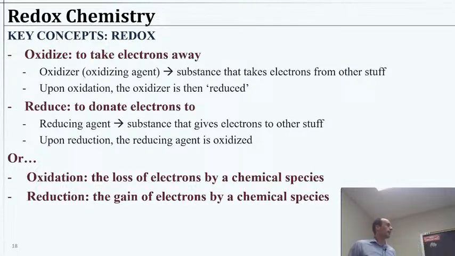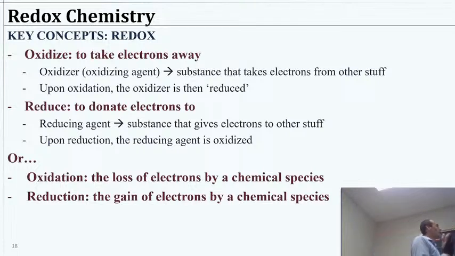So an oxidizer is a substance that takes electrons from other stuff, and it then becomes reduced once it has oxidized something else, right? To reduce something is to give it electrons. So if oxygen takes electrons, it just became reduced because now it has the electrons. That can get a little squirrely. I'm not planning to try to confuse you on this, just saying that.